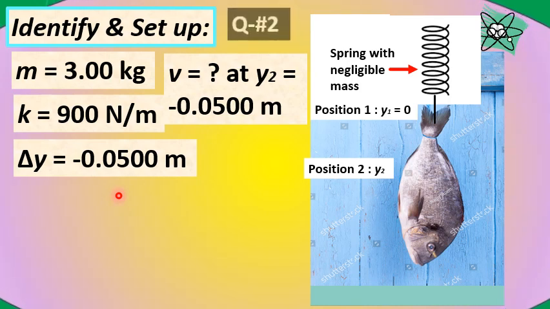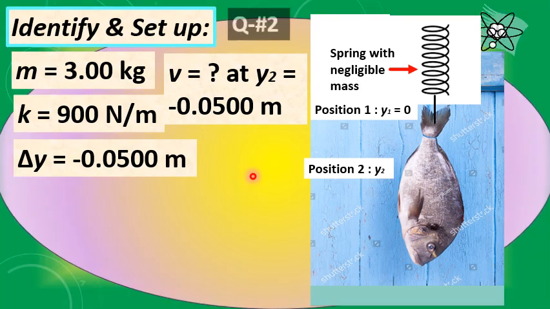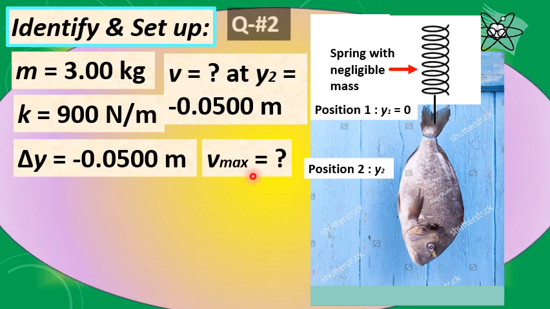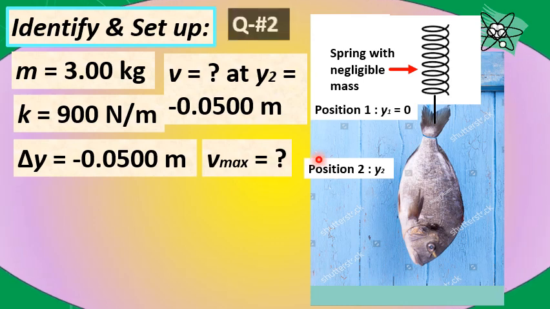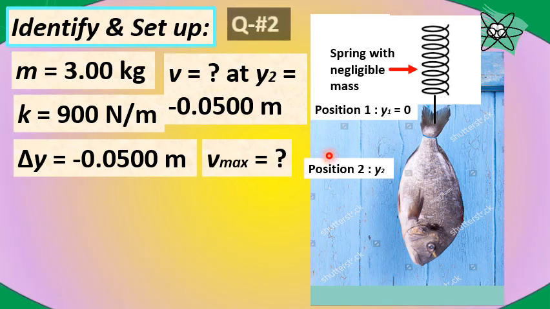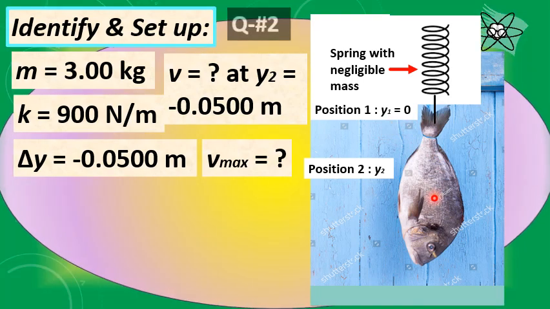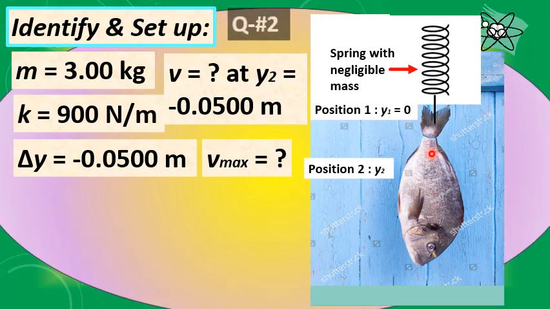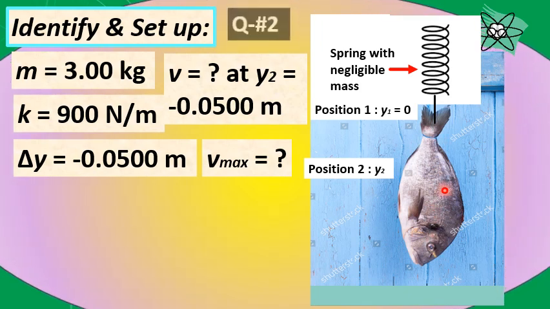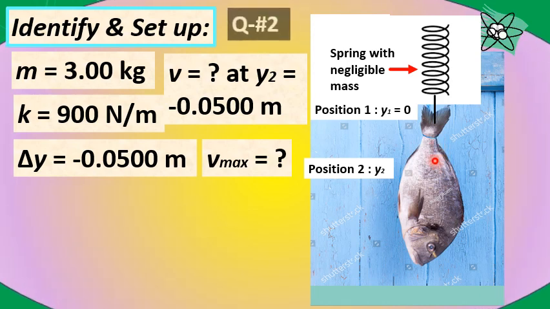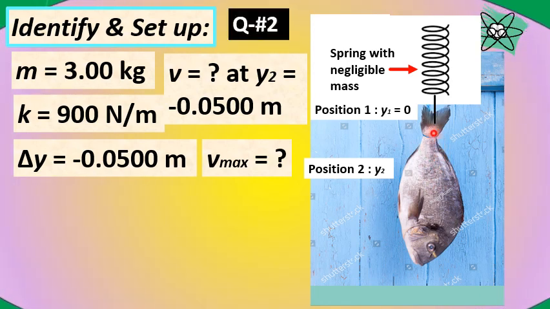The other target variable is the maximum speed v max, that is, the maximum speed of the fish as it descends or moves down. Take note that when the fish is released, two forces are acting on the fish, such as the force of gravity or its own weight and the force of the spring.